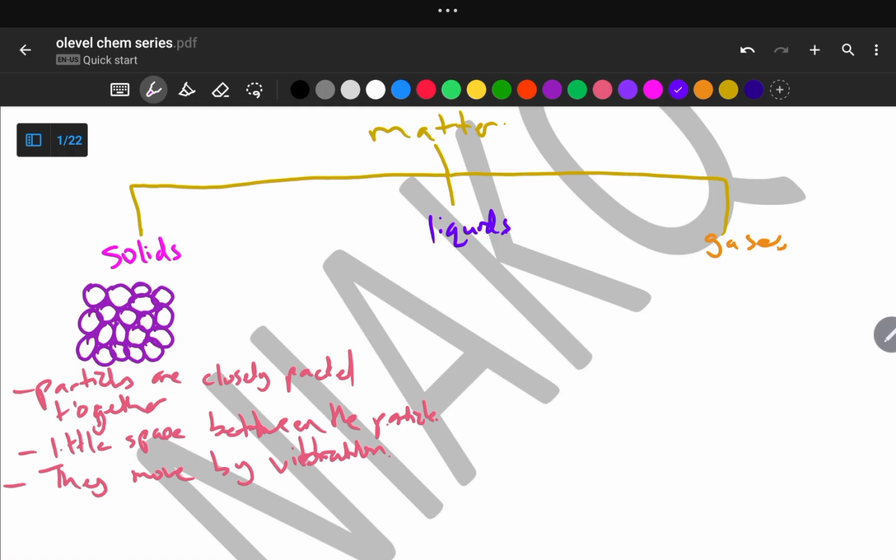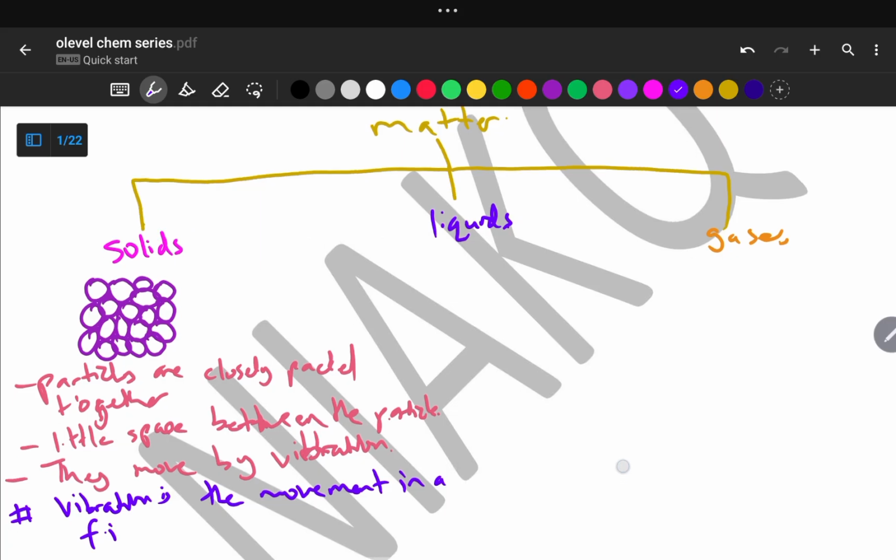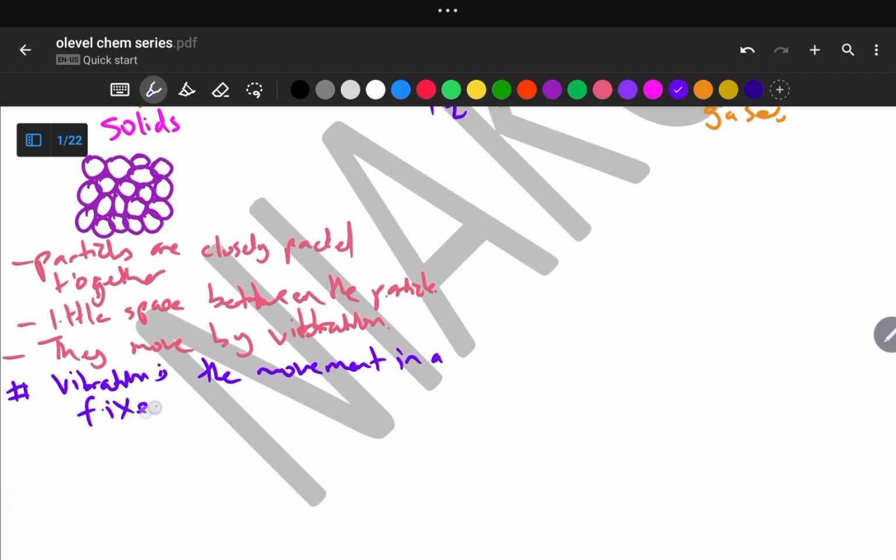So let us define vibration: vibration is the movement in a fixed position. Are we together?